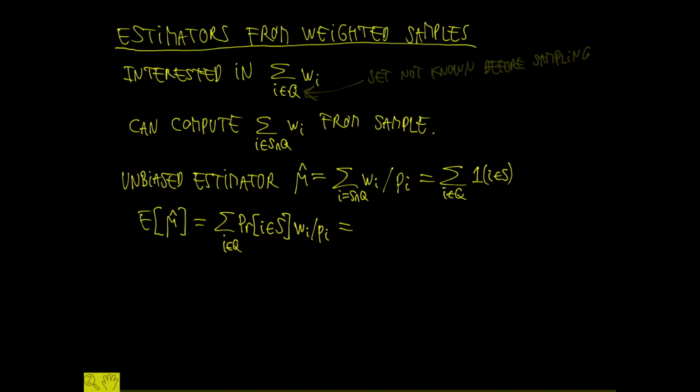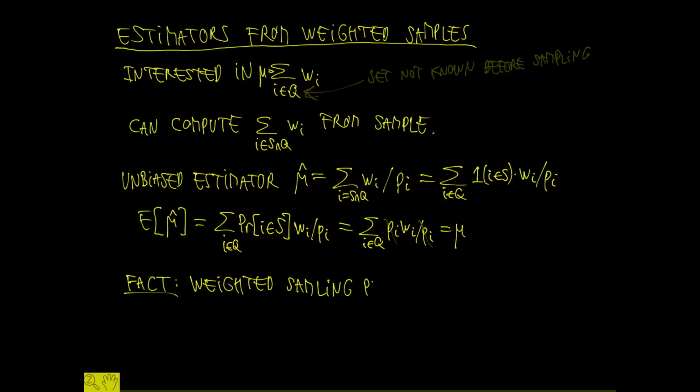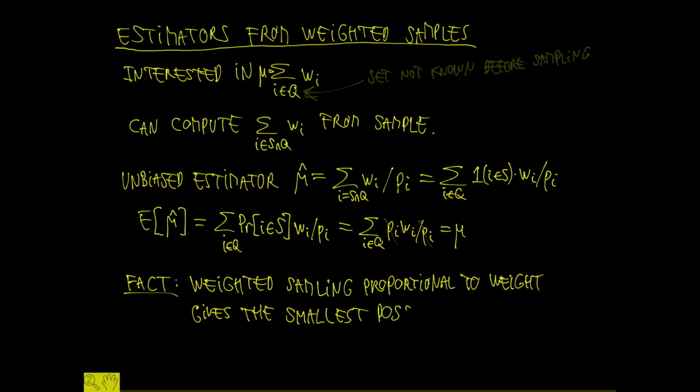We sum over all i in Q an indicator variable that i is in S, multiplied by w_i over p_i. The expected value of the indicator variable is exactly the probability that i is in S. Altogether, this means that the expected value of mu hat is exactly mu, and we can use mu hat as an unbiased estimator.